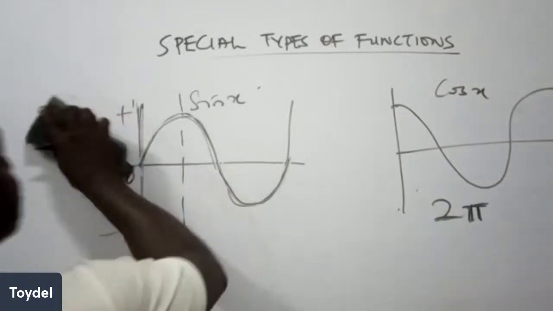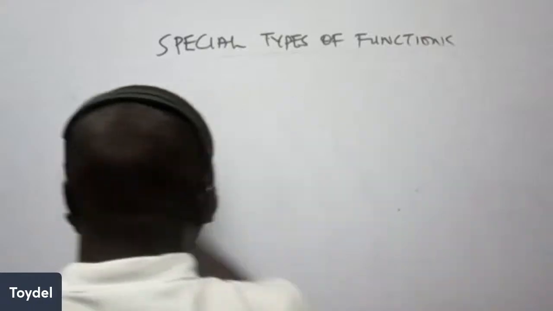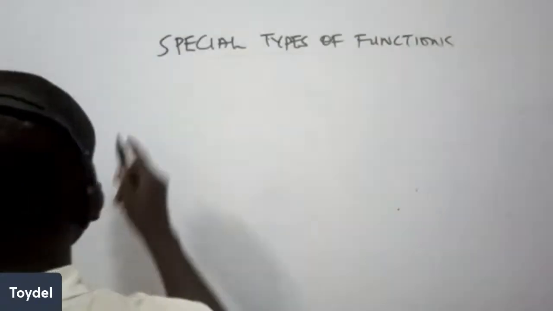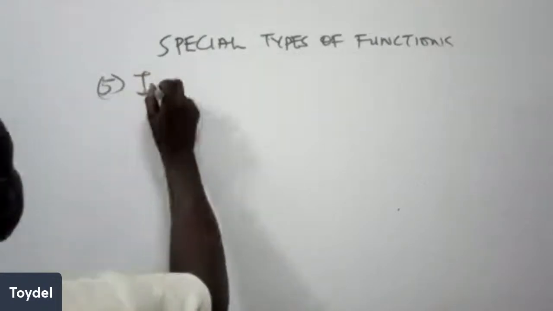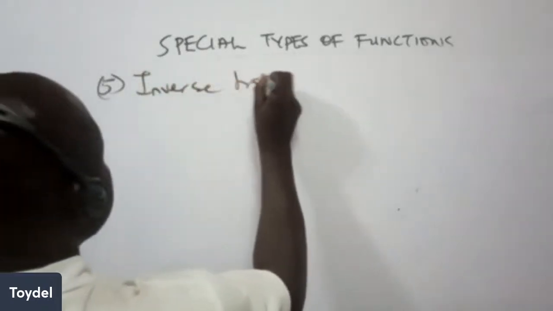Then we talk about the fifth type of functions. The fifth type of functions are called the inverse trigonometric functions.